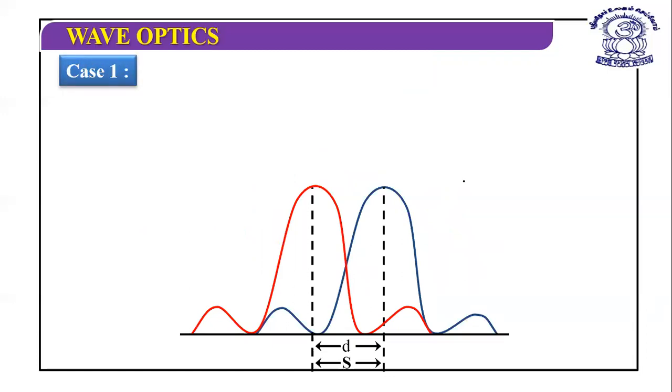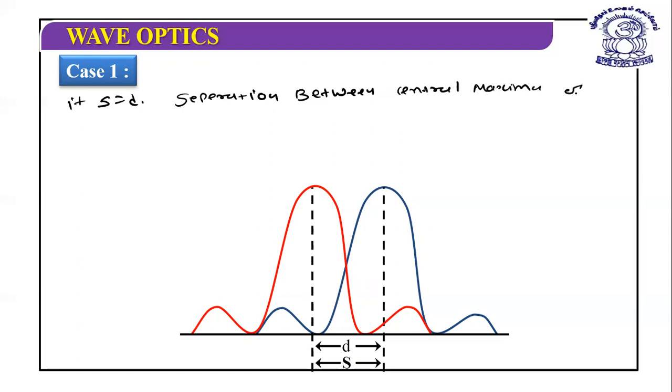Let us take case 1, in which S is equal to D. This means the separation between the central maxima of two objects is just equal to the distance between the central maximum and the first minimum.